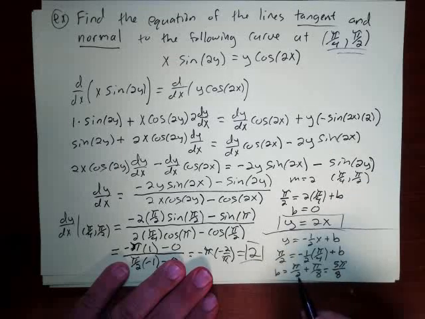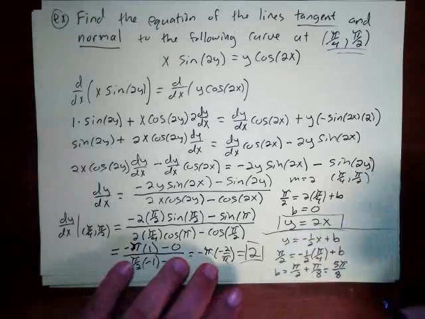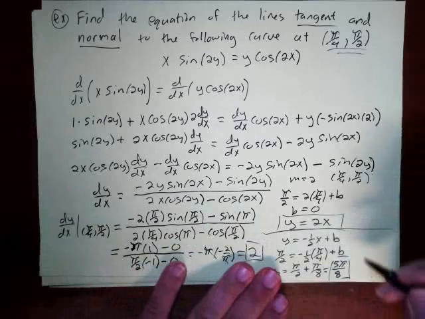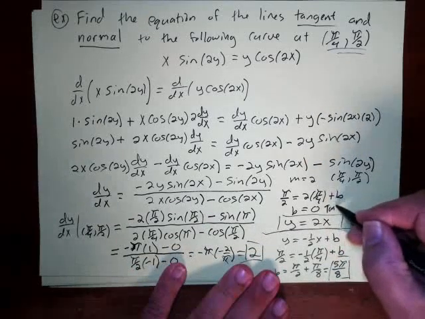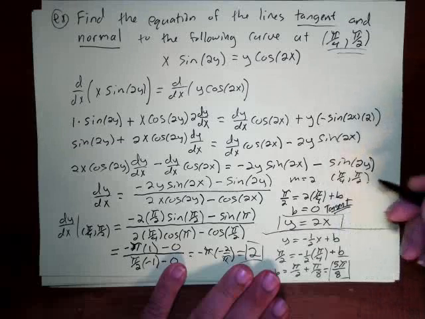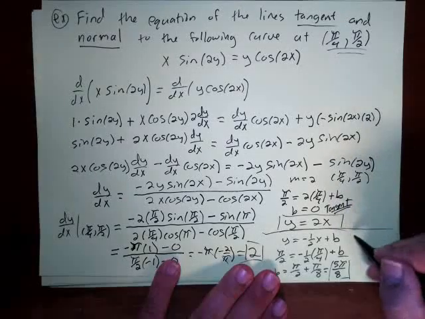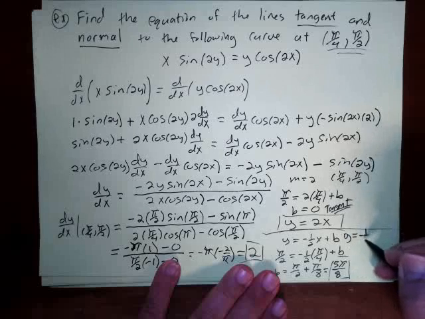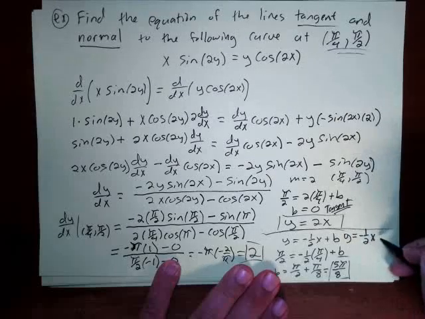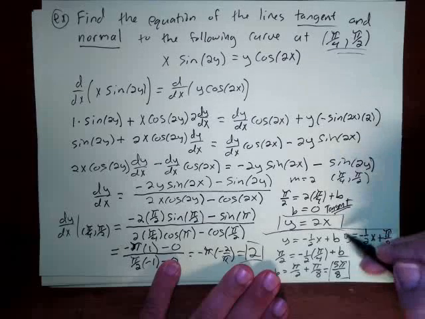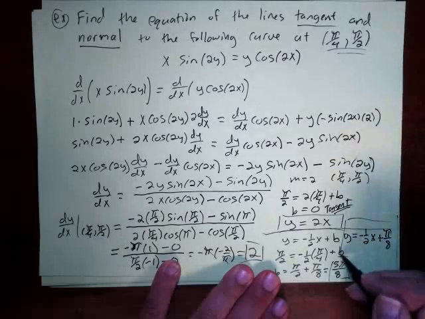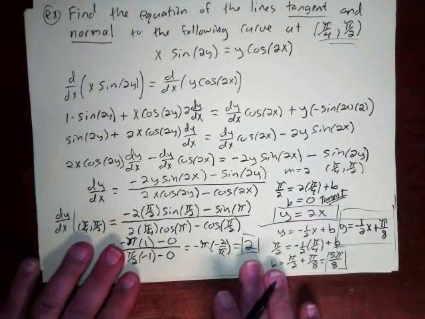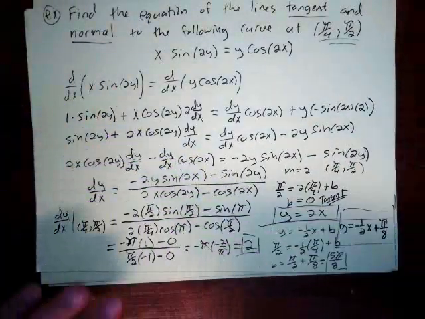So that would make this 4 pi plus pi. So 5 pi over 8. And then the normal line is going to be y is equal to negative 1/2 x plus 5 pi over 8.